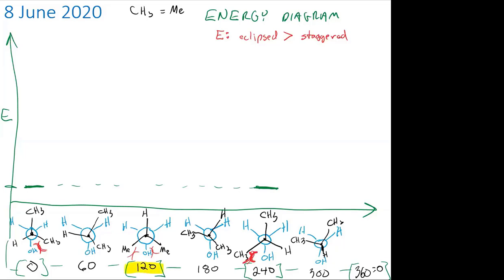The structure at 120 degrees, though, because it has 2 places where the OH and the methyl group are bumping into each other, that's going to be a little less stable, a little higher in energy.